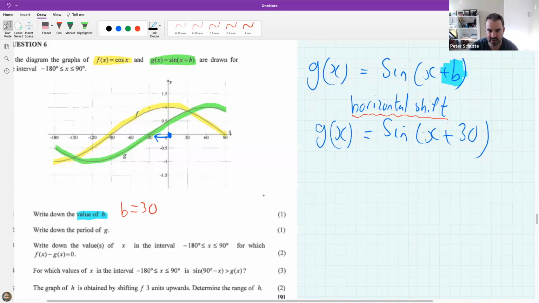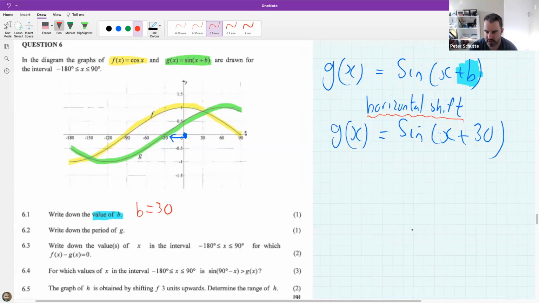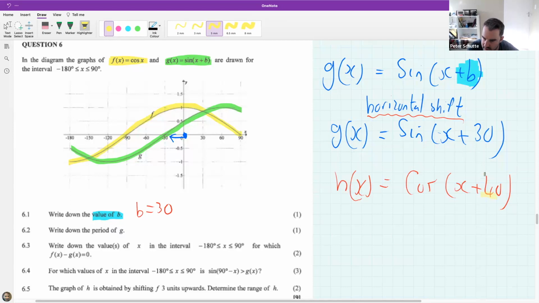So I know that that's a little bit tricky. So maybe I should make up another question just to illustrate this example. If I said to you, there was another function, let's call it h of x, and this function had the value cos of x plus 40. What is that plus 40 doing to the normal cos graph based on what I've just shown you?